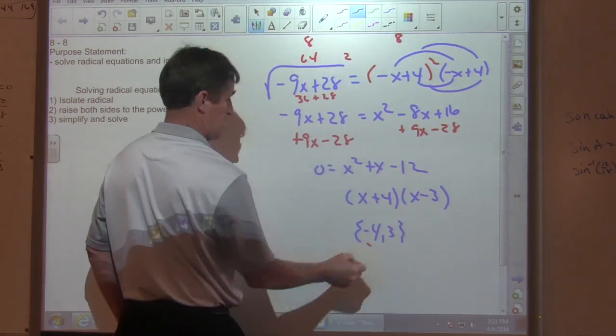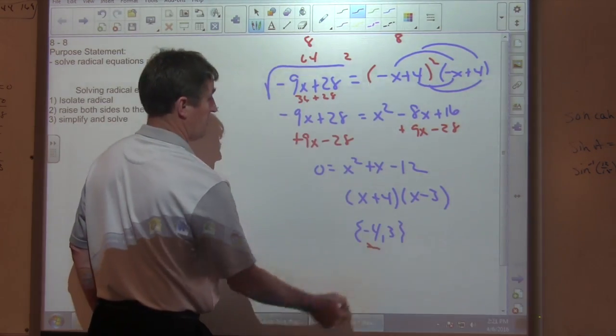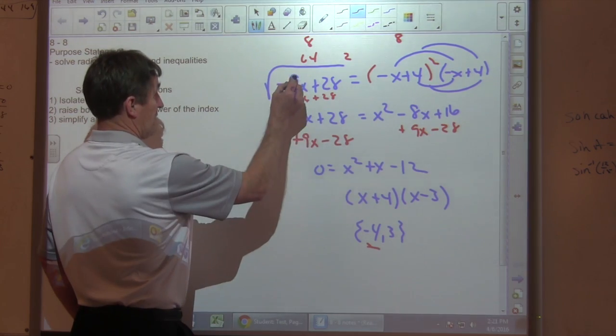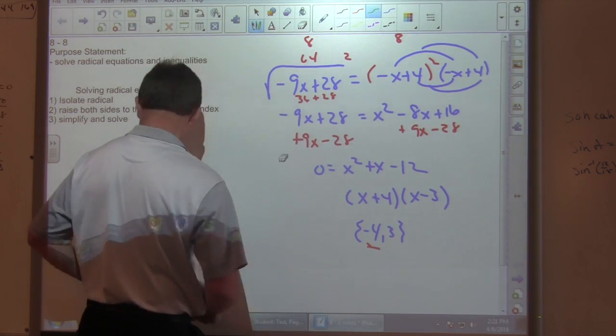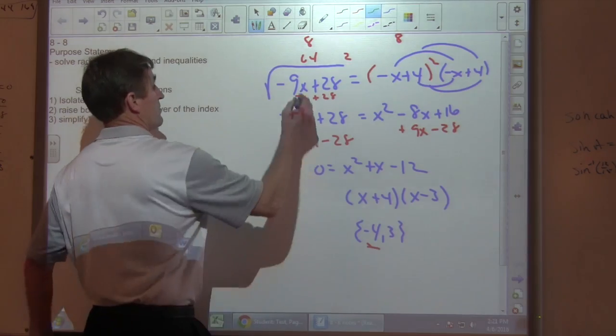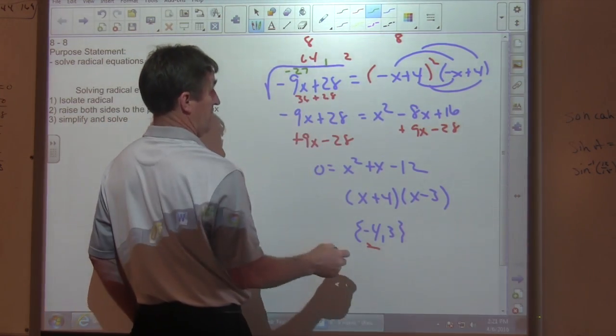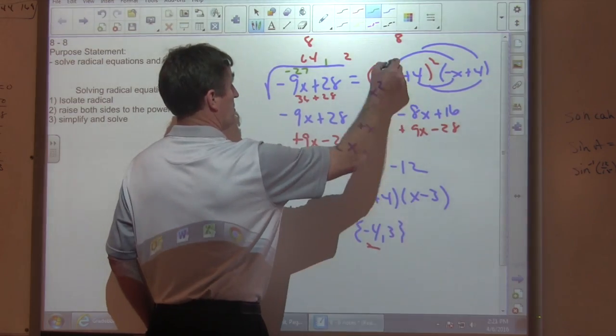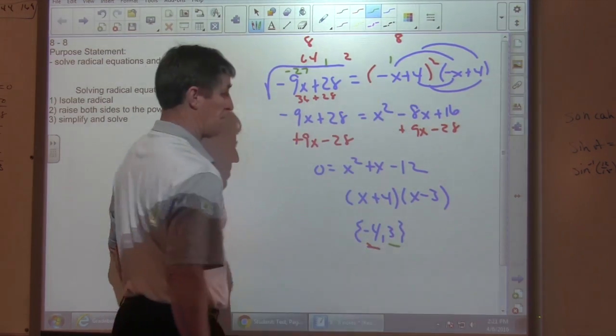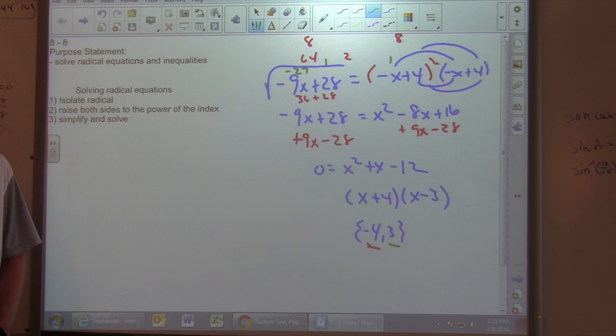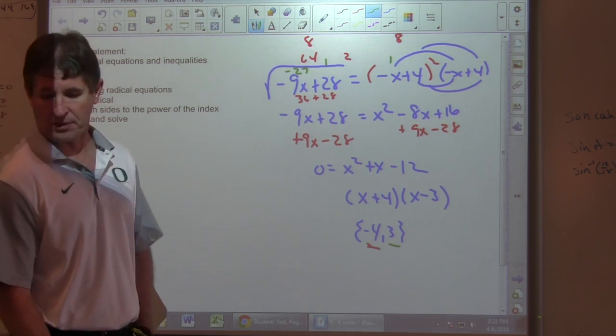So that one works. Now let's plug in 3. We get negative 27 plus 28 would be 1. And plug in 3, and negative 3 plus 4 is 1. So in this case, they both work, and there are no extraneous solutions, so you would have two answers, negative 4 and positive 3.